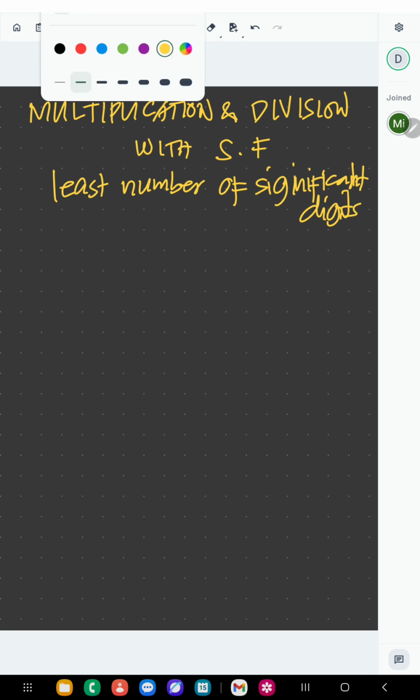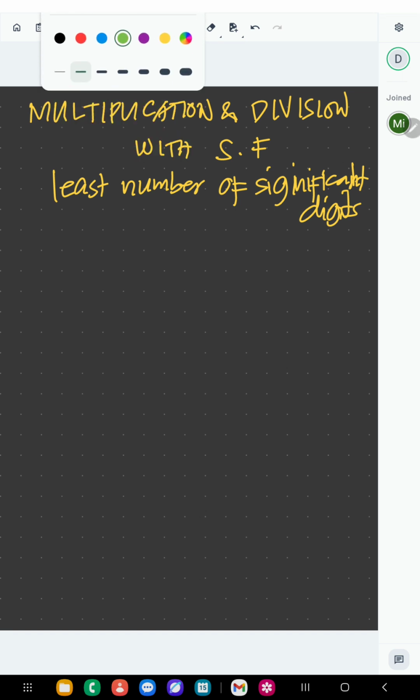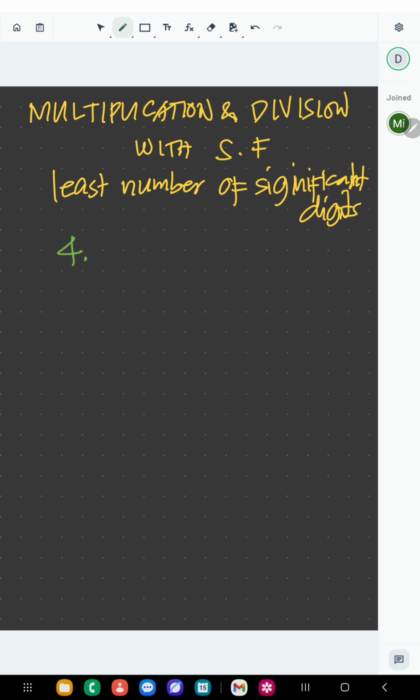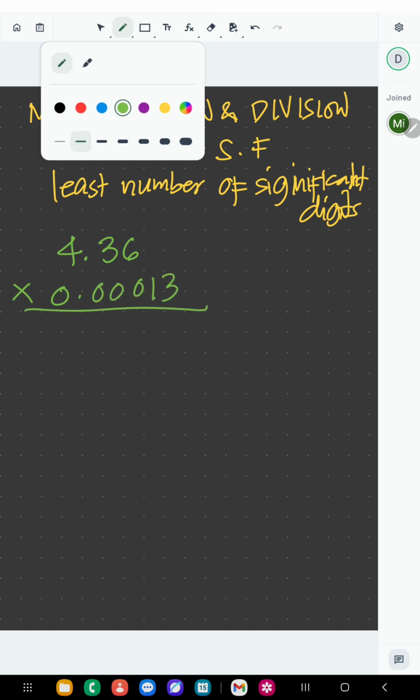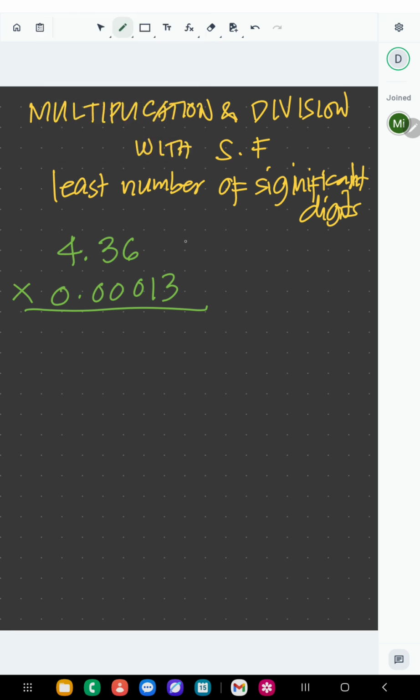All right, let's say we're given this one. We're gonna multiply these numbers. 4 point, yes, they're the same thing. 0.00013. So let's count the significant figures of each of the numbers. The first one, and the second. Then let's multiply them.